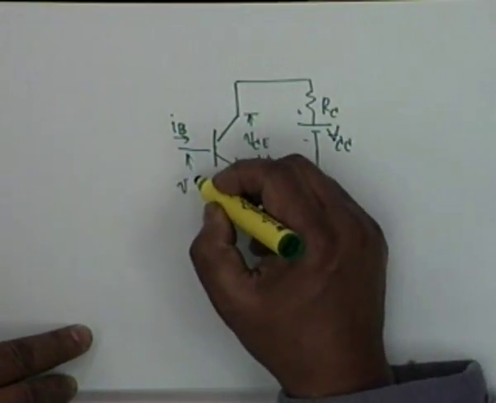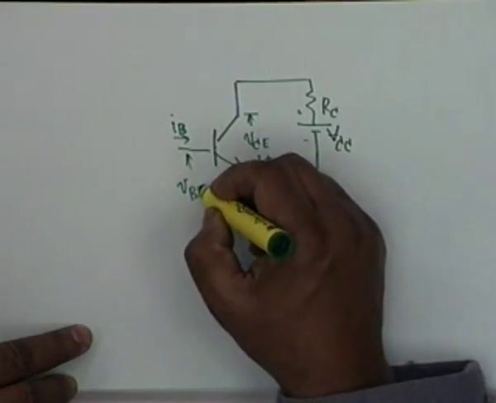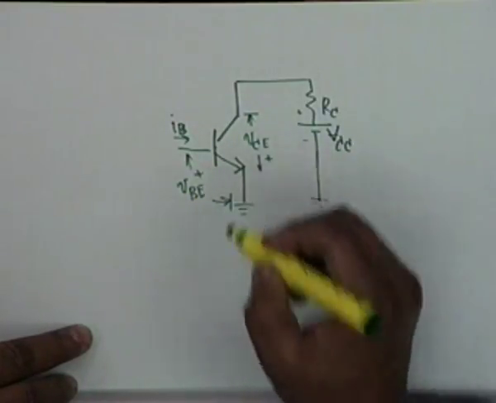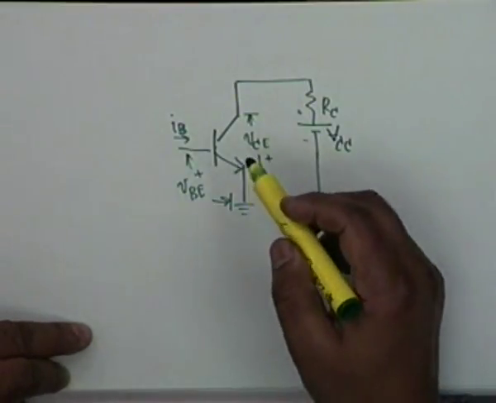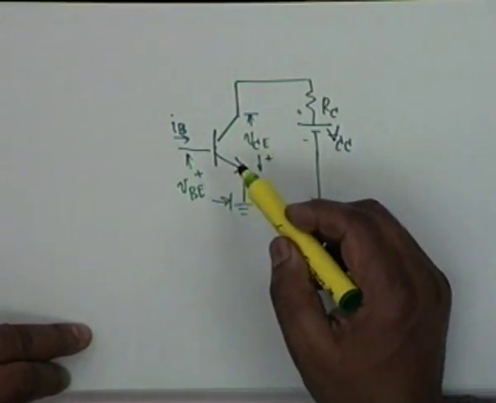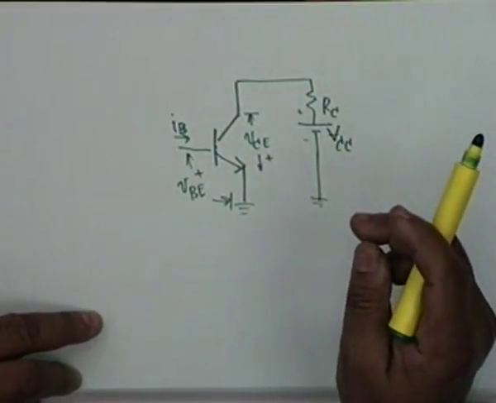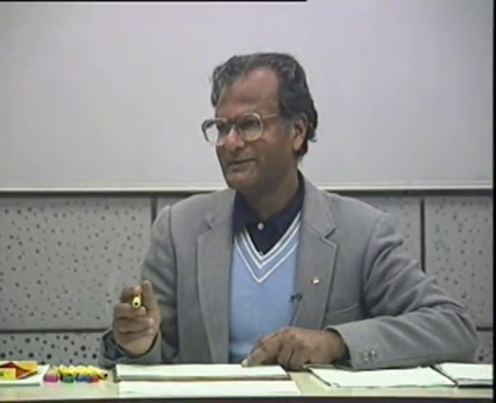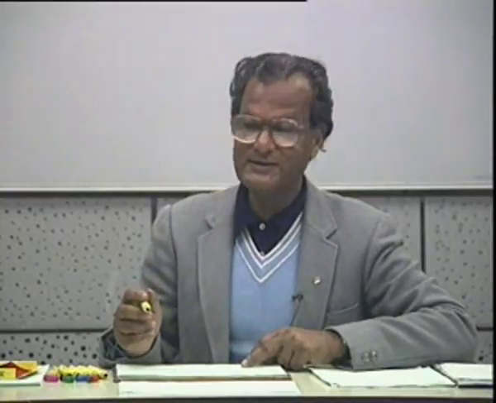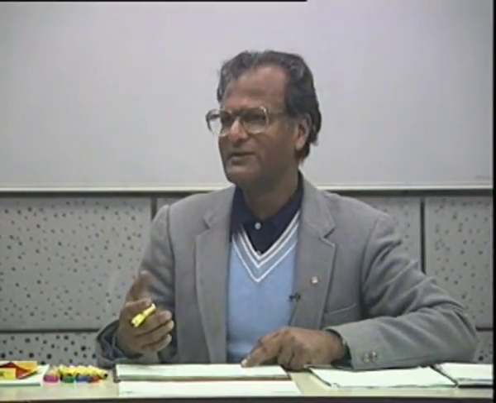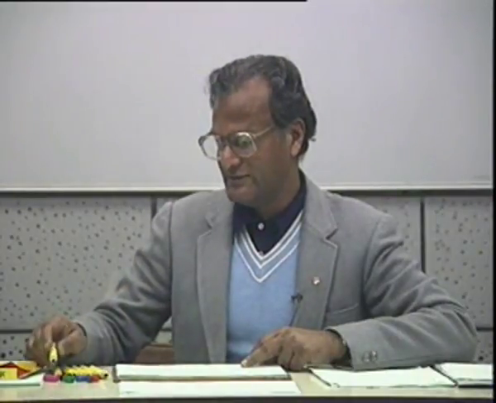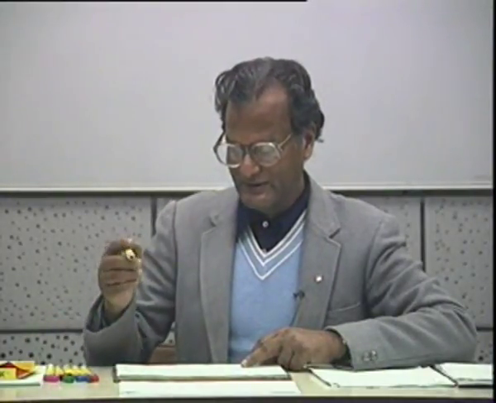This voltage is VBE. VBE, as you see in the active region, shall be taken as 0.7 volt, if the transistor is silicon, not otherwise. And it is a silicon transistor which we mostly use these days. We don't use any other transistor.